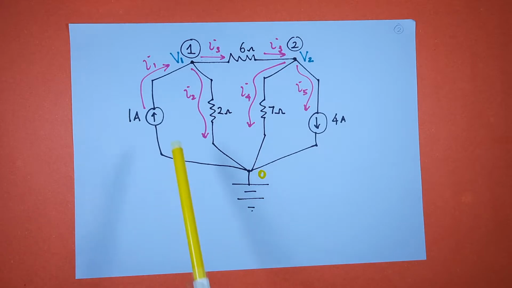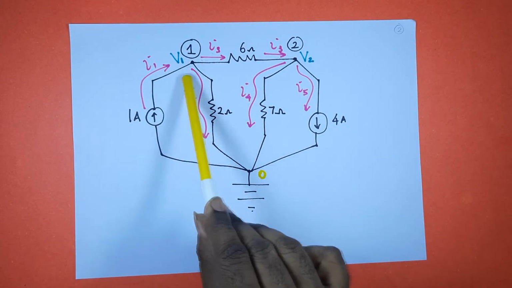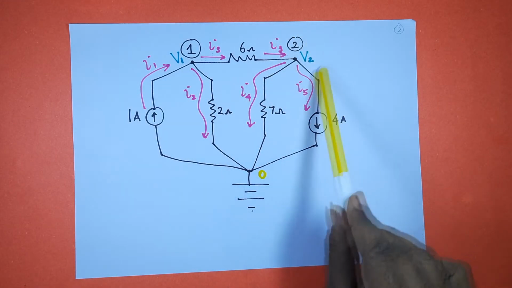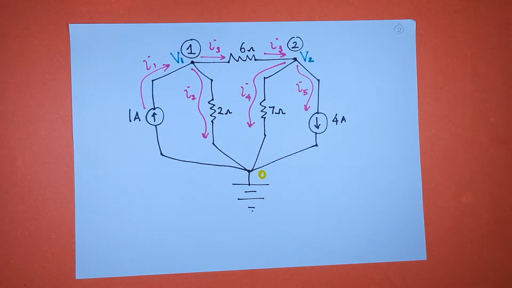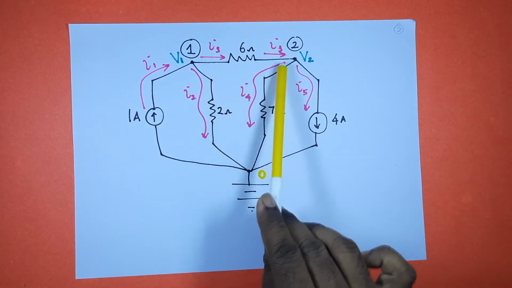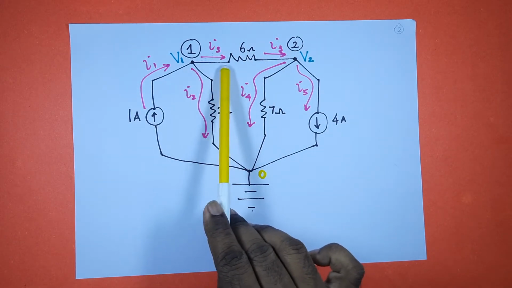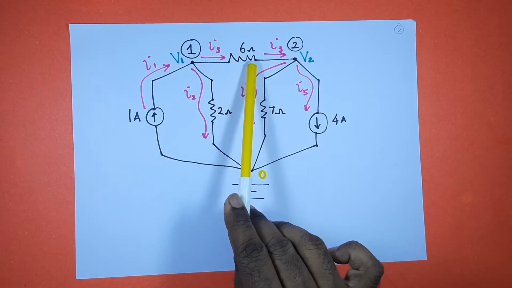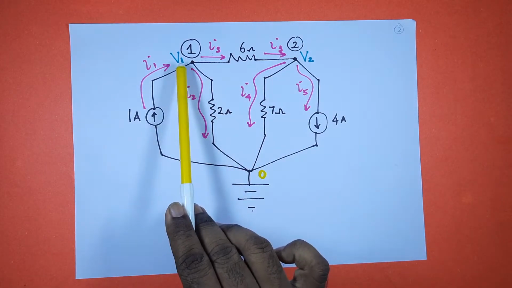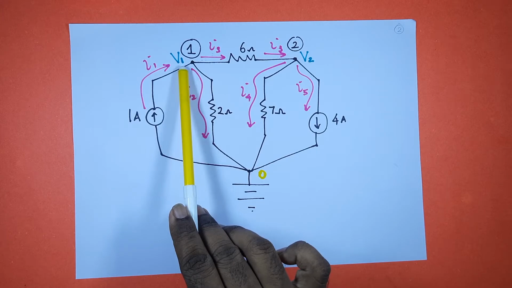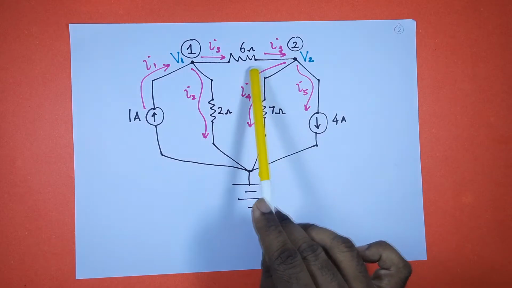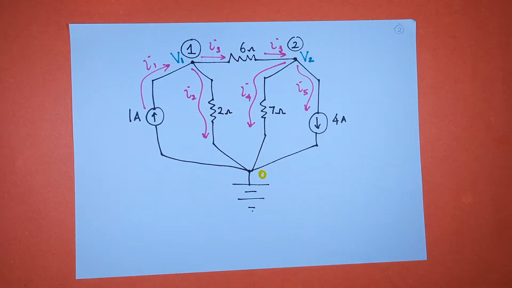In other words, the voltage at node 1, V1, is at a higher potential than the voltage at node 2, V2. Suppose you want to find the current through the 6 ohm resistor: it is the potential difference V1 minus V2 divided by the resistance, here 6 ohm.